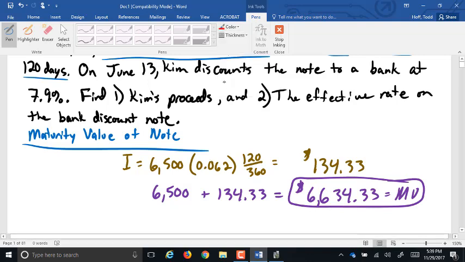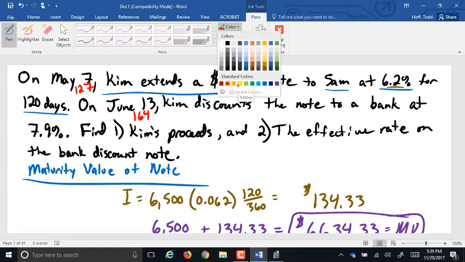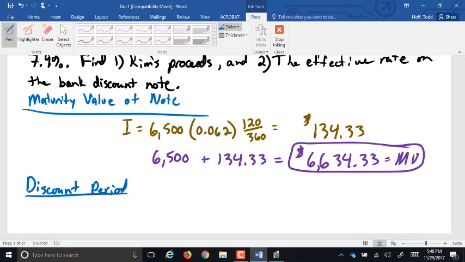Now we need to find some dates. In your little magic chart on page 396 in your book, what number of the year is May 7th? 127. The other date we have is June 13th, which is 164. We need those dates because we need to figure out step 2, which is the discount period. Now remember, the discount period is the days left, the days that the bank is going to hold the note.